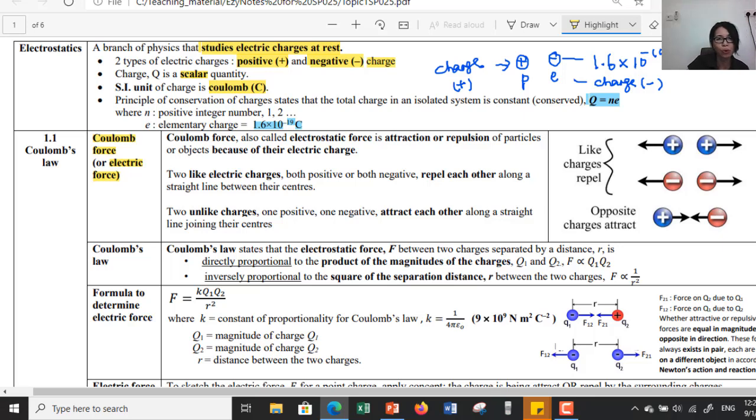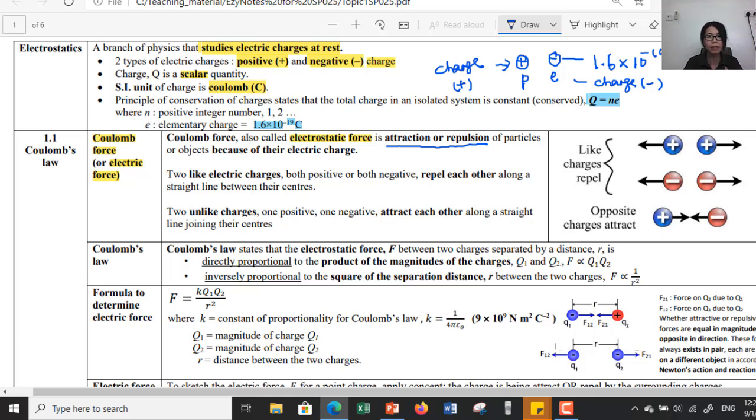Sometimes we also call it electrostatic force. Coulomb force, also called electrostatic force, is the attraction or repulsion of particles or objects because of their electric charge. This means that between charges there exist forces, and the force that exists can be an attraction force or a repulsion force.